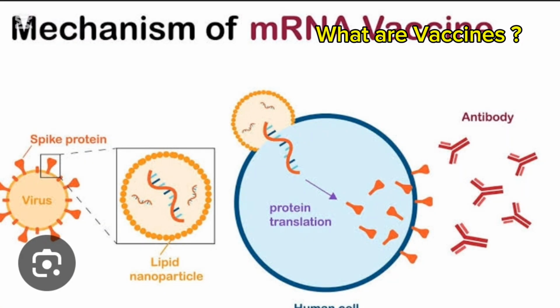When this messenger RNA that is within the pathogen is harvested, it is used to make a vaccine. And this vaccine can be quite effective. Examples of these vaccines are our COVID-19 vaccines, the ones that were produced by Pfizer and Moderna. These are examples of mRNA vaccines.